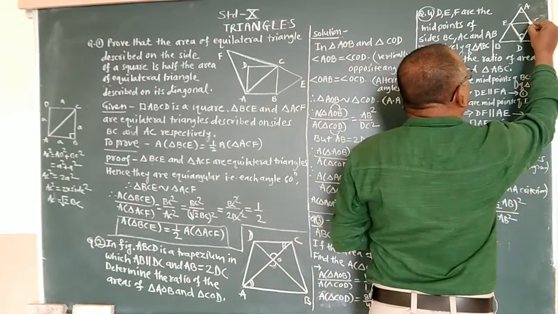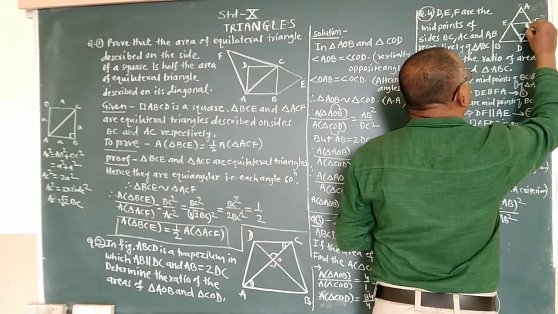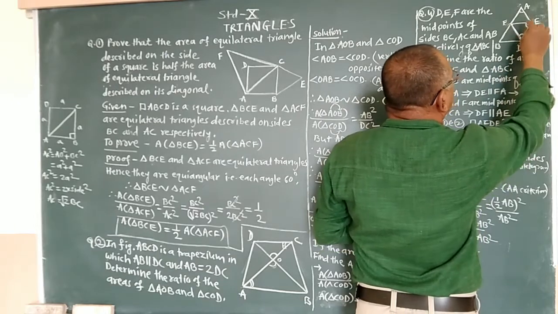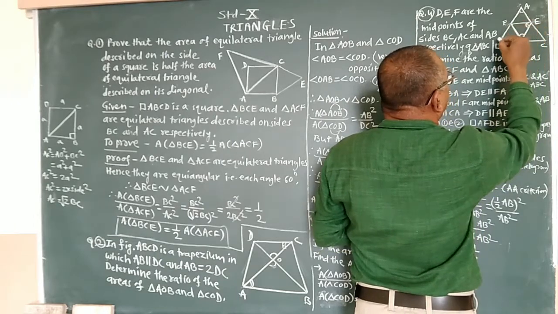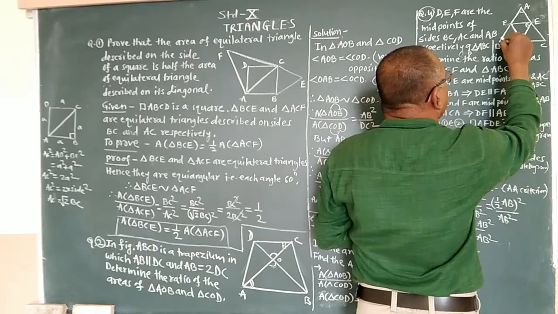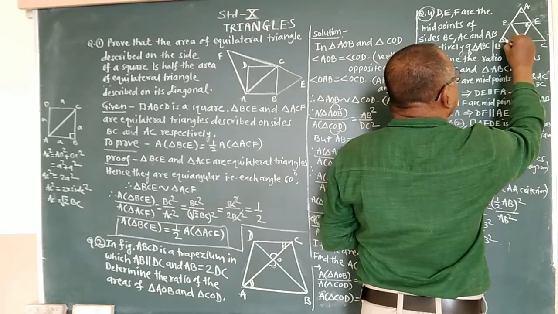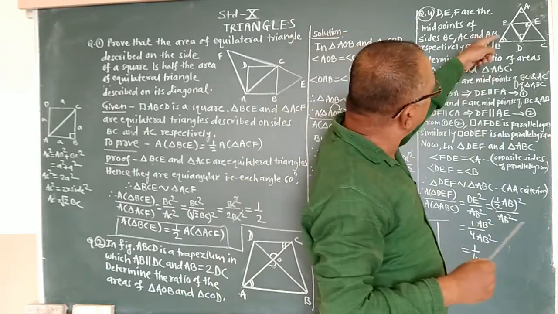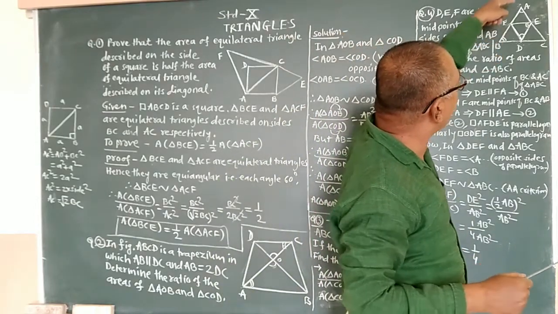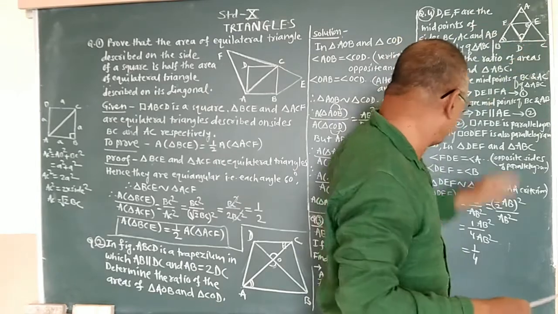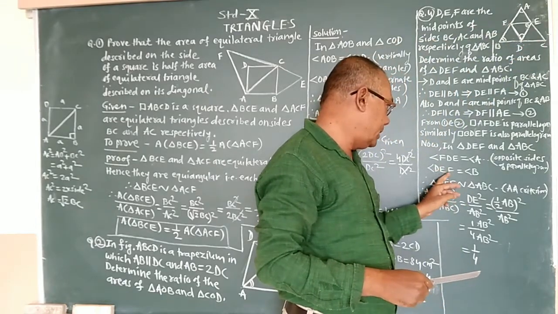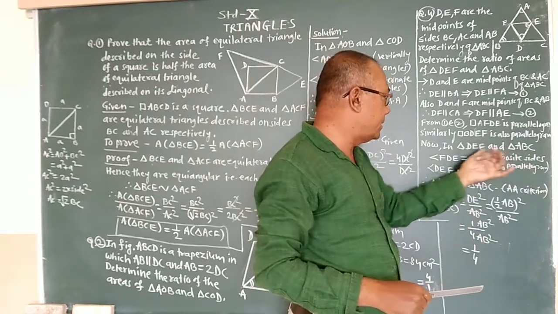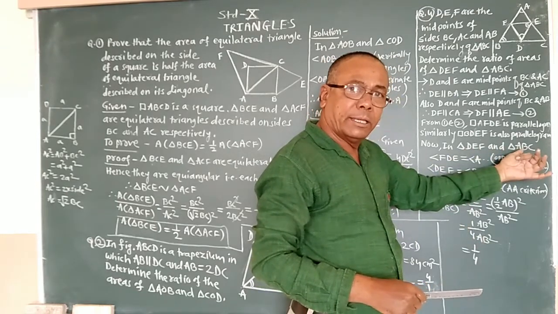Now we will see angle DEF and angle FBD. These two angles are the opposite angles of the parallelogram, and B is the angle of triangle ABC. So angle DEF equals angle B, because we are comparing triangle DEF and triangle ABC.